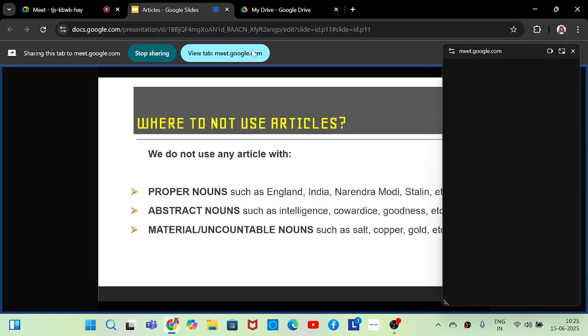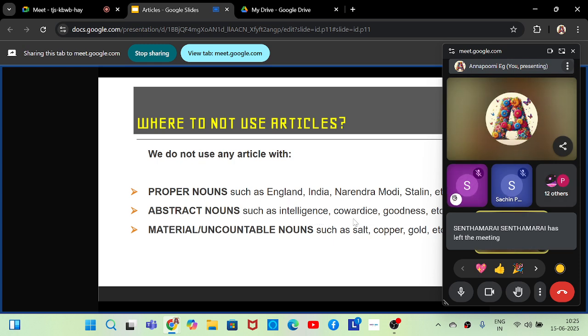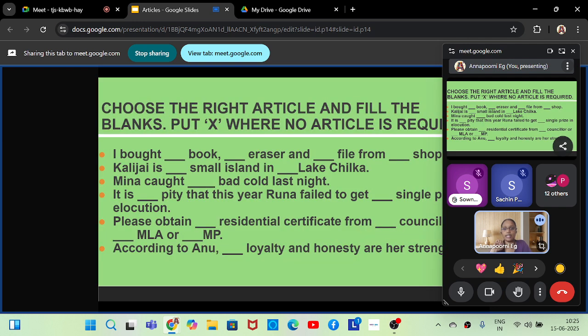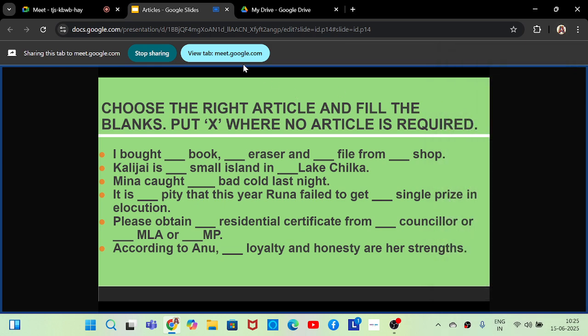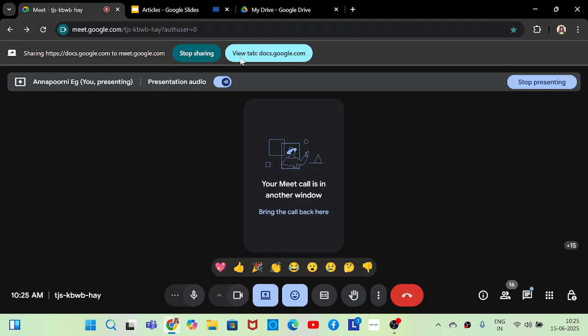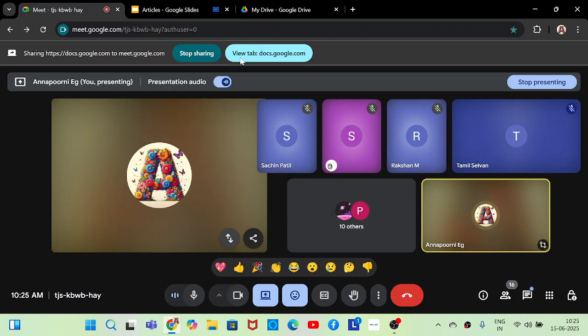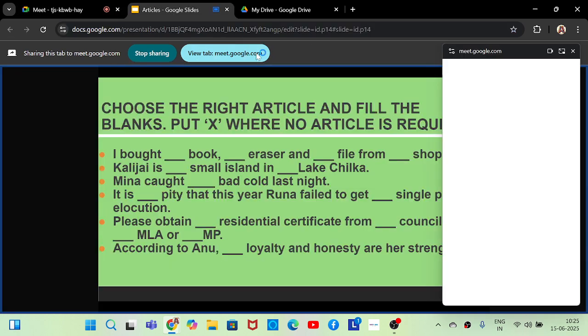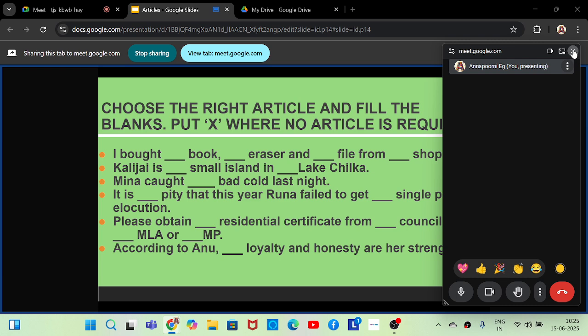See, you can see here. Abstract nouns such as intelligence, cowardice, goodness, loyalty, honesty, etc. All these are abstract nouns. So you don't have to use any article with abstract nouns. Are you getting the point? Got it? Yes, ma'am. Okay, so the answer will be: according to Anu, loyalty and honesty are her strengths. So no need of any article. Zero article is used.